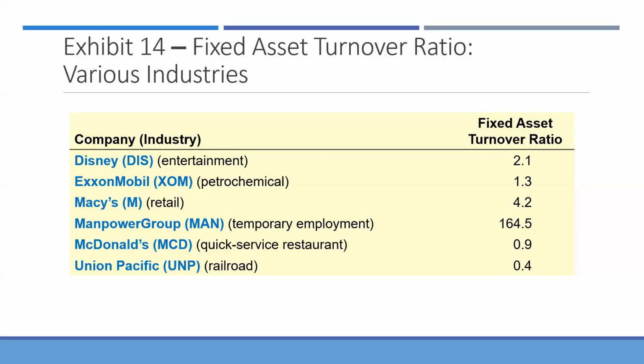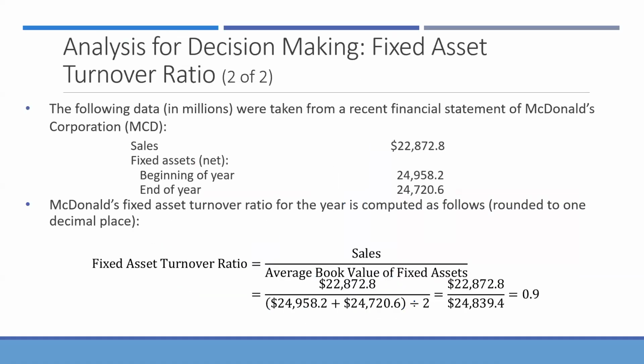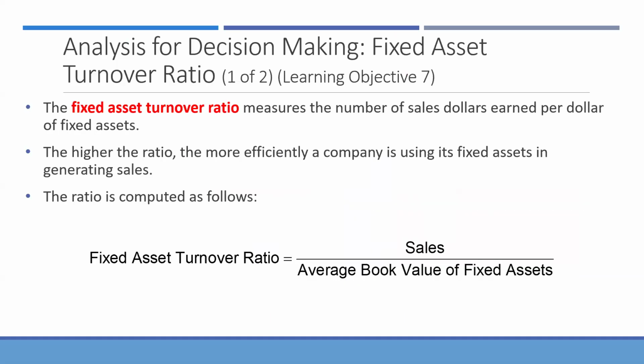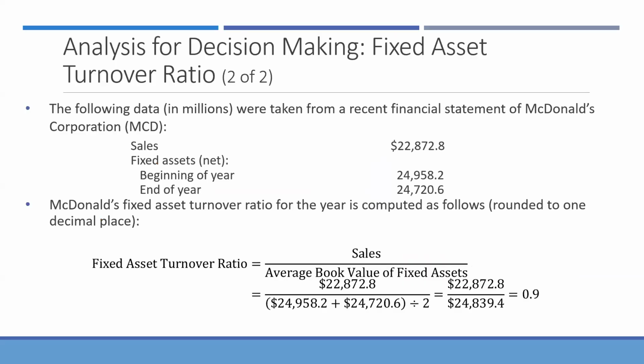People come in and ask for a temp job, and that's the whole business. That doesn't need a lot of property, plant, and equipment, but other businesses do. So it tells a lot about the industry and the capital requirements of a business and how effectively they are generating sales off their fixed assets.